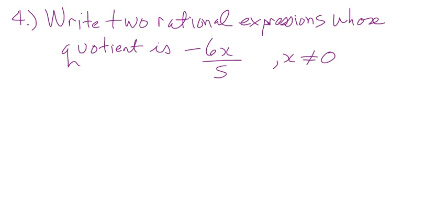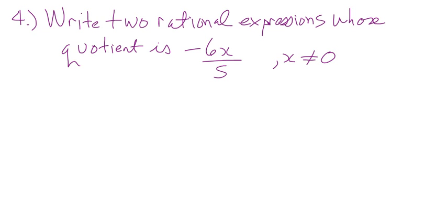So, what's a quotient? What's a quotient the result of doing? Adding, subtracting, multiplying, dividing? Dividing, right? So what we want to do is take something divided by something equals negative 6x over 5, right? That's what we're looking to do.